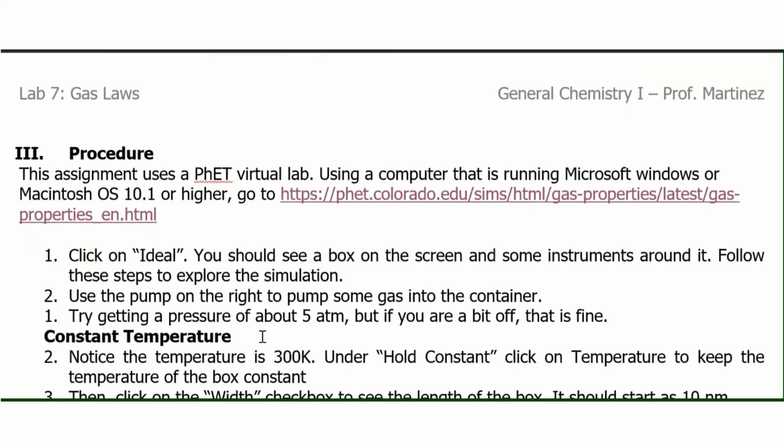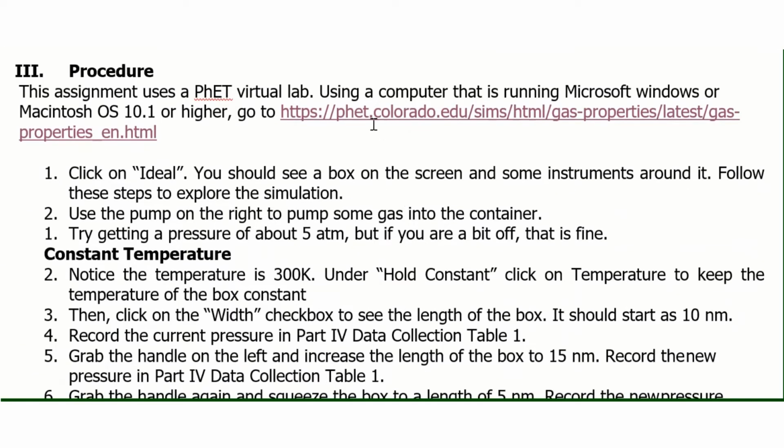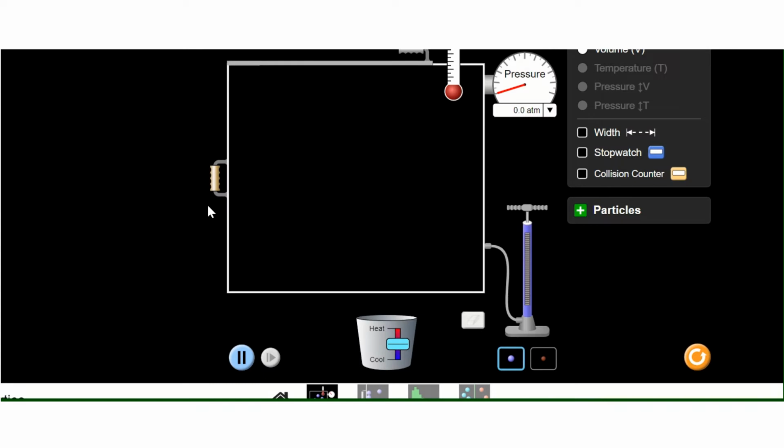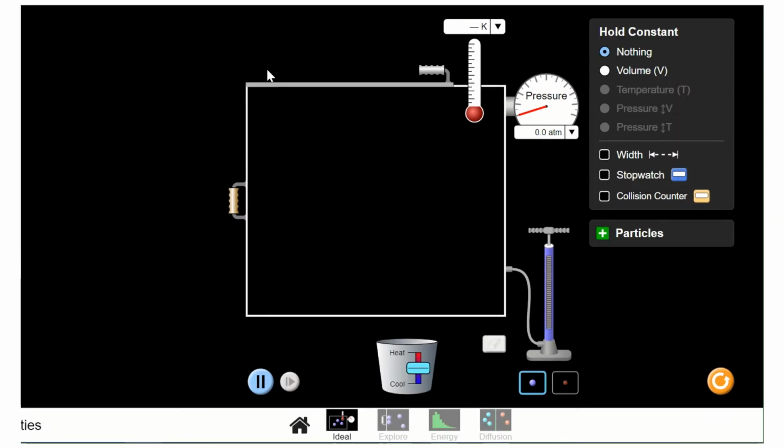Okay, so what are we actually doing in this lab? You're opening up this PhET virtual lab, and it should look like this when it loads up. So notice again, you have different options. You're going to click Ideal. Once you click Ideal, this is the screen that you will see.